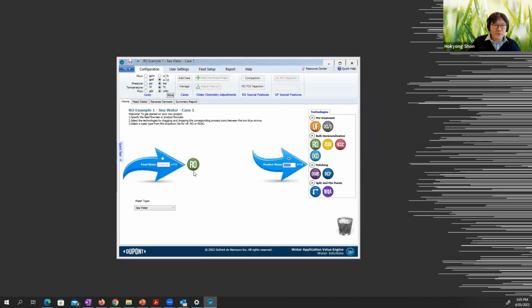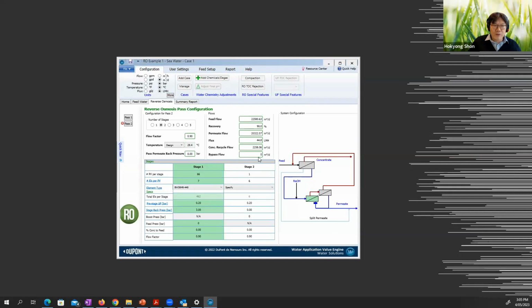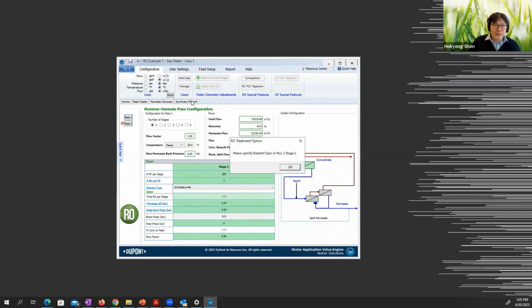This will show basic information of your calculation as well, all the detail. So you can possibly change a little bit from here. That's one example you can utilize. Specific element type, pass 2 and stage 2. Pass 2, stage 2.